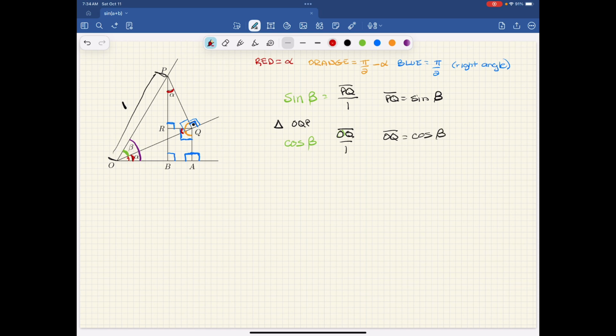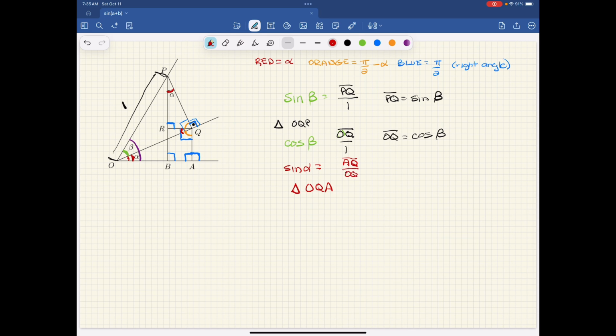Now we can ask, what do we know about the sine of alpha? Well, that's going to be simply the side opposite to alpha in that triangle OQA. So the side opposite to alpha in OQA is AQ. And the hypotenuse of that triangle is OQ.